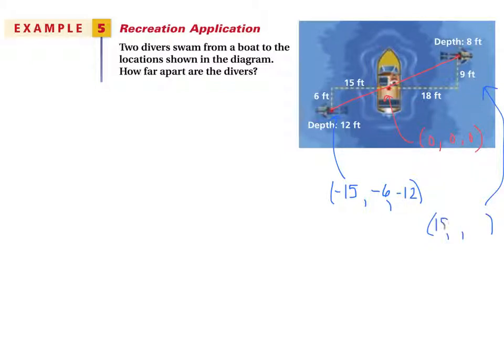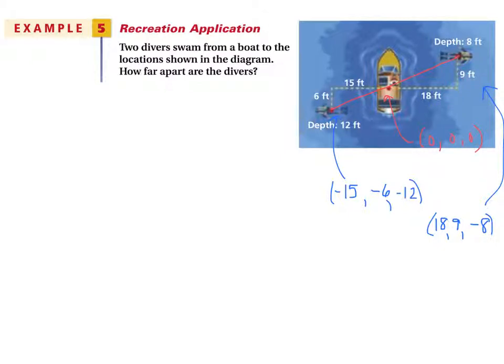So that would be 18, 9, and negative 8. Now if you're wondering, well, how do I get which number goes in what ordered triple location? It doesn't matter, because when you actually put it in your distance formula, it wouldn't matter. But notice the last ones are both negative 12 because both divers went down.